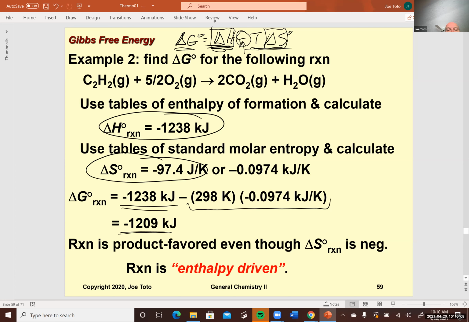And the reason why it's spontaneous is because the enthalpy is negative and it's larger in magnitude. So you'll see sometimes this expression that this reaction is enthalpy driven.